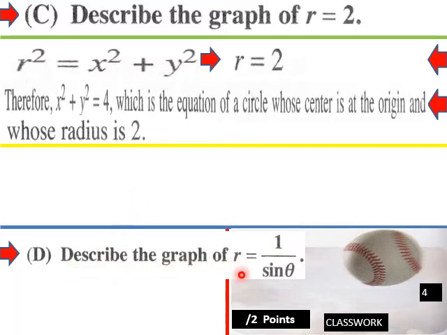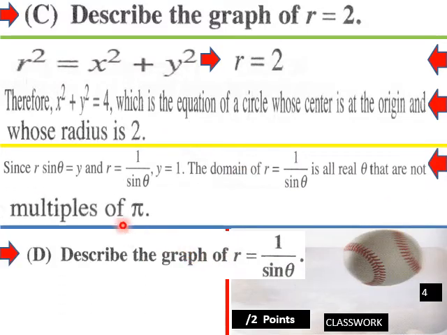Describe the graph of r equals 1 over sine theta. Since r sine theta equals y and r equals 1 over sine theta, y would equal 1. The domain of r equals 1 over sine theta is all real theta that are not multiples of pi.